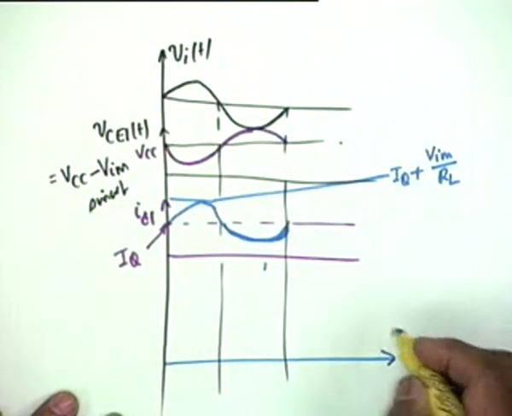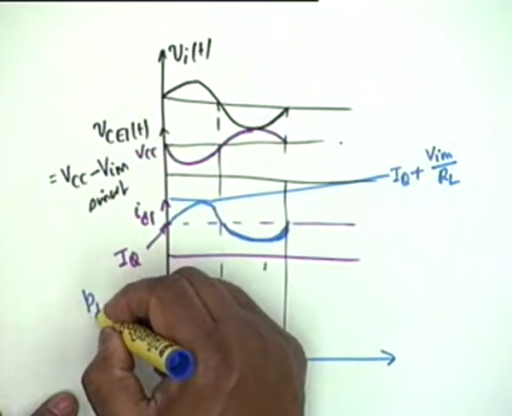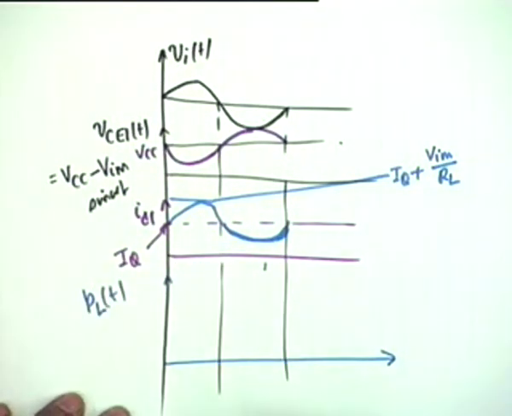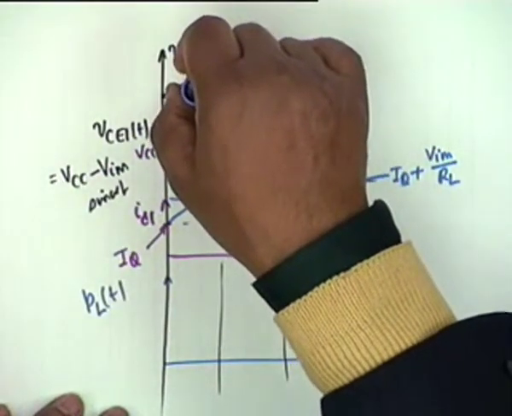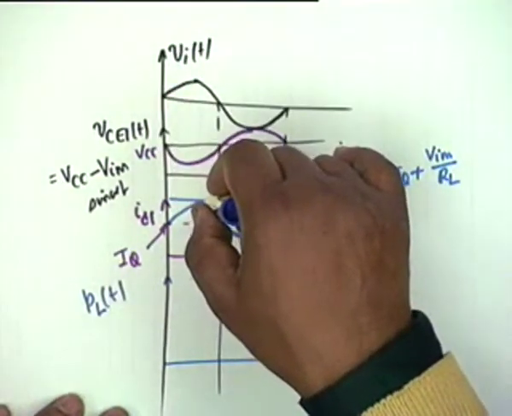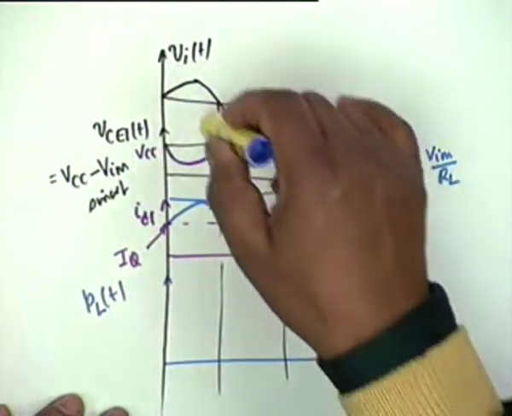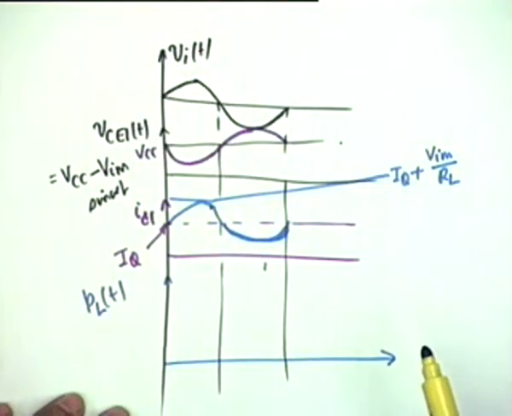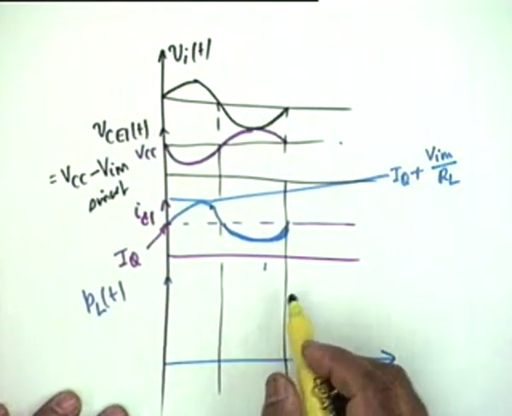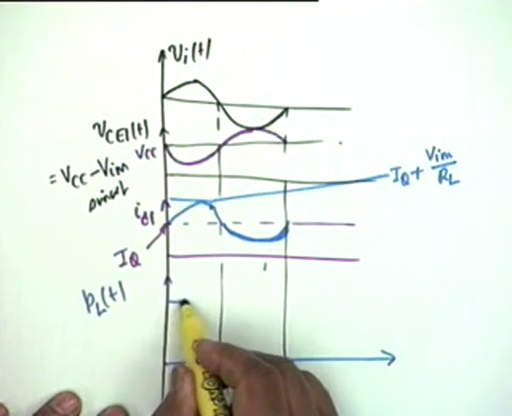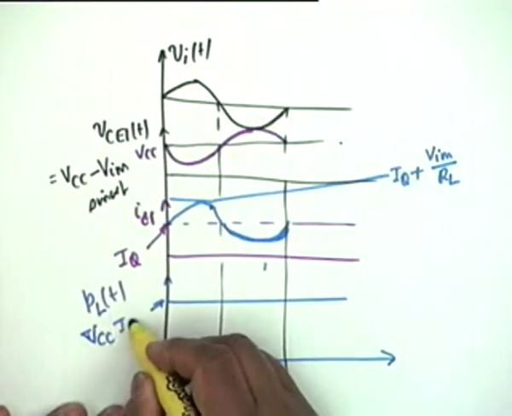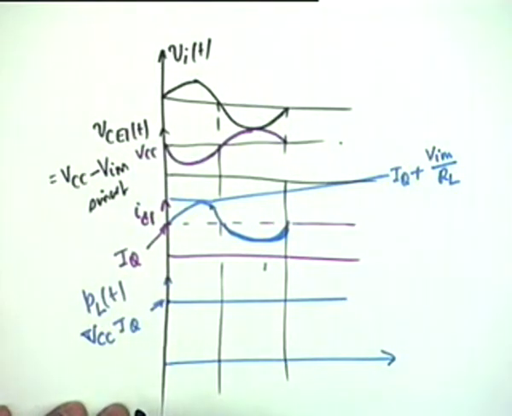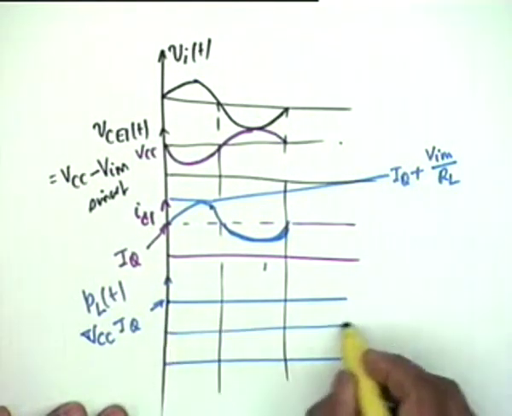Then the load power PLT obviously shall be the multiplication of the black waveform and the blue waveform, or you could simply square this and divide by RL. In any case, it would be something like this. It is VCC IQ, this is the maximum value.